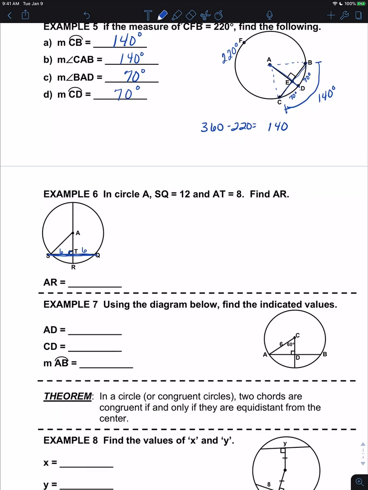A to T is 8. So just A to T is 8. It wants us to find A to R. Okay, so let's see.